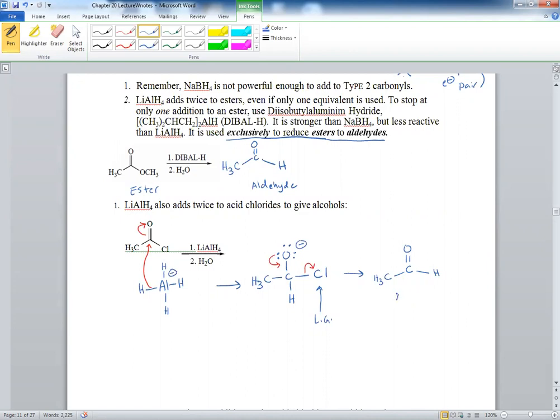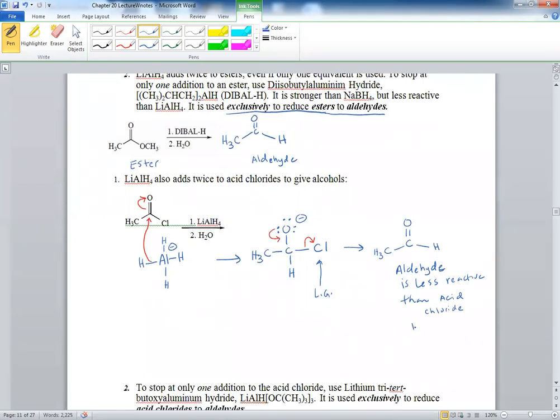Okay. Now we understand that aldehydes are less reactive than acid chloride, which is what we started with here. So we might expect this to stop here, but the reaction does not stop here.